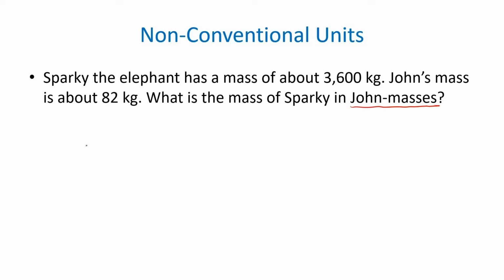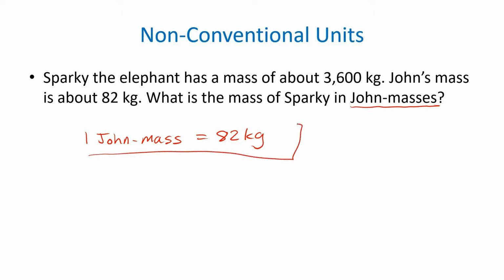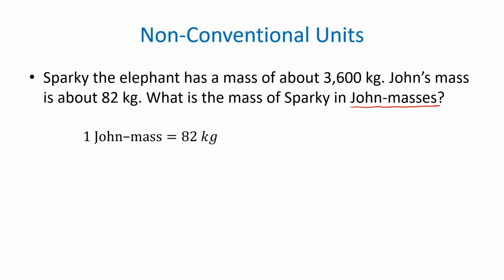We're going to do this the same way we did all of the other problems. We know that 1 John mass is equal to 82 kilograms. So this becomes our conversion relationship, and then using the power of 1 we can convert that to a conversion factor. So again, we know 1 John mass is 82 kilograms.